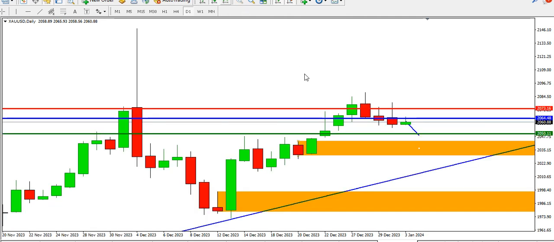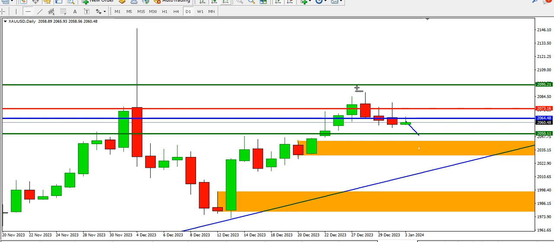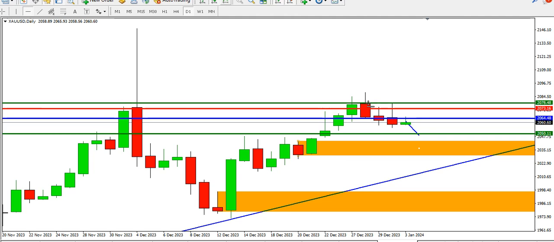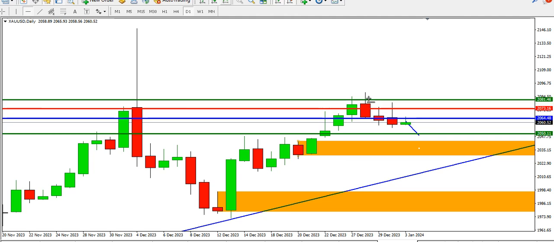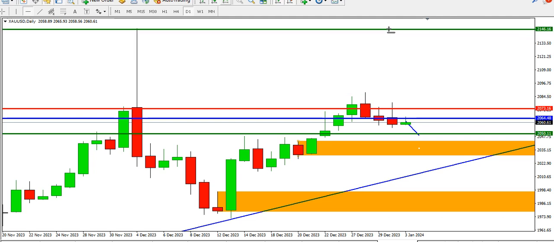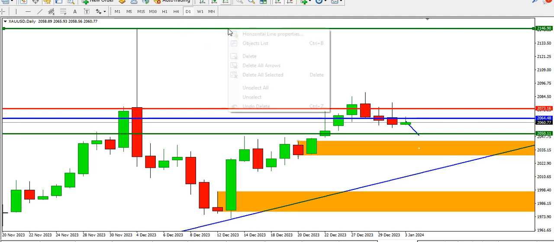But if price does not drop as expected, price will likely go upward, and price might target first the high of yesterday, which is 2078, before the recent high, which is 2088, before price gets to the top, which is the 2146.9 level. All right, that's that for the daily time frame.